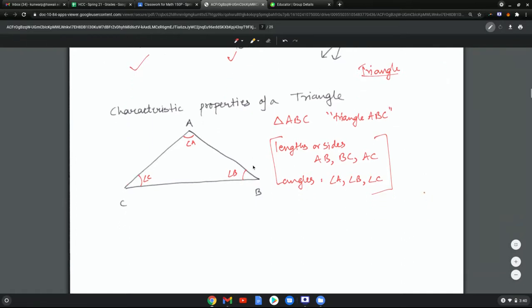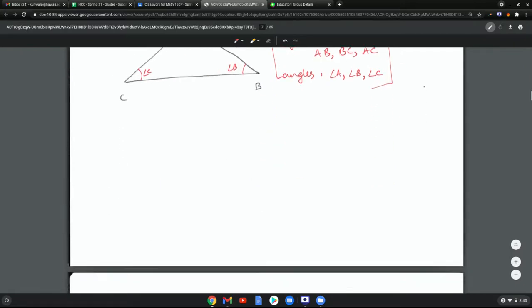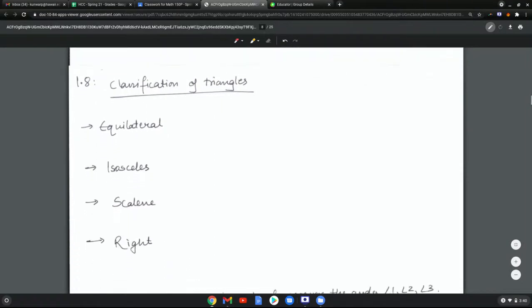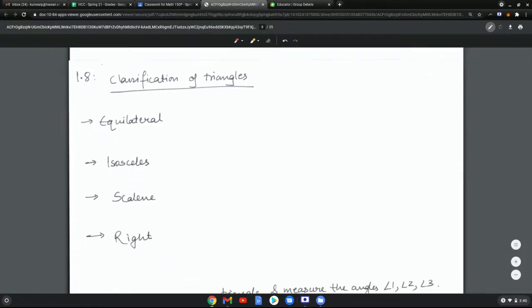So now that we know the basic properties of a triangle, we'll see that they can be classified. Again, if you have not yet done so, you would want to pause the video and look at your book for the definitions of these triangles. Equilateral means all sides are equal.